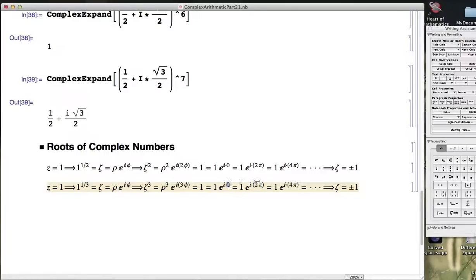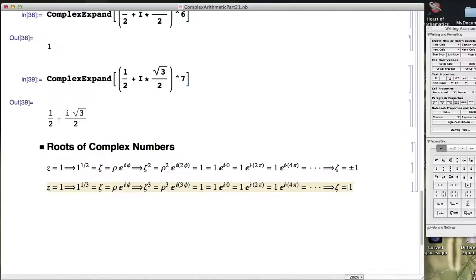Meaning, for example, phi equals 0 works. Phi equals 2 pi over 3 also works, since 3 phi can equal 2 pi. Phi equals 4 pi over 3 will work, 6 pi over 3 will work, 8 pi over 3 will work, negative 2 pi over 3 will work. And if you think about the complex plane, and the polar form, there's only 3 things that can be.